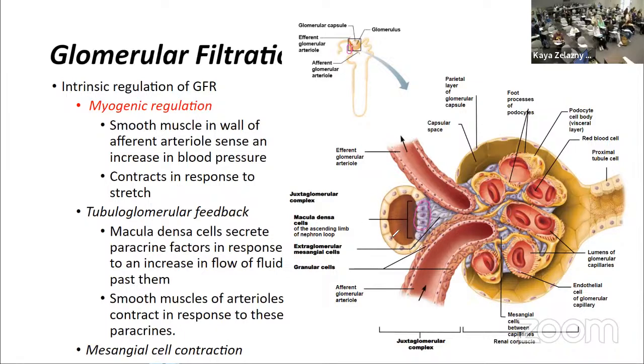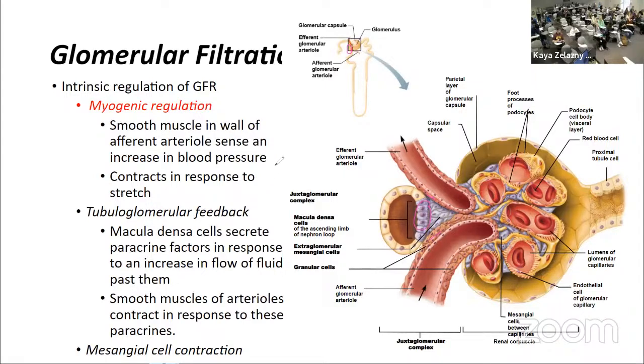They can send out a signal, say, hey, this is too much fluid, this is not enough fluid, right? Because they're touching these arterioles at the beginning, they can partially change their radius and therefore their resistance, therefore how much fluid is getting into the glomerulus as well.